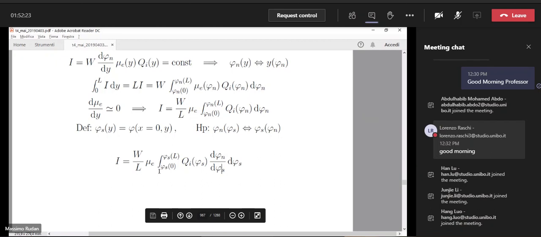And we shall go between phi s at 0, that is at the beginning of the channel, to phi s at L, that is at the end of the channel. Okay. This calculation is not easy in general, but it becomes easy if we are in the strong inversion condition. That is, if the channel is well formed everywhere at each position y.